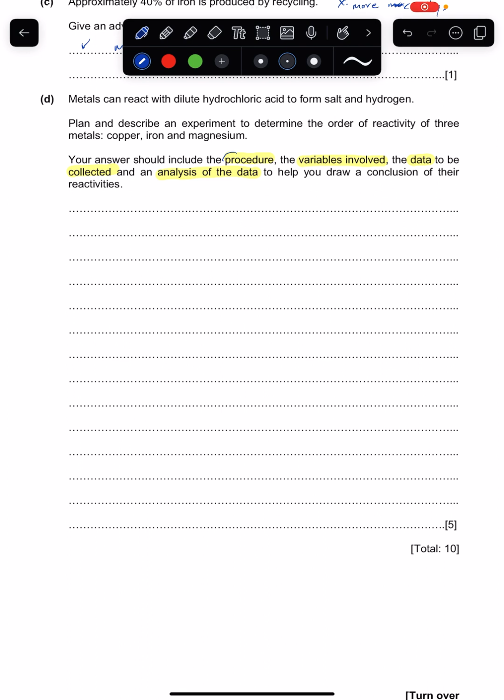So what happened here? So it says metal can react with acid. Alright. So there are many things you can do. There are many variations for real. So one example is reactivity, right? So I think generally you would think that, oh, the more reactive metal will react faster. I agree.